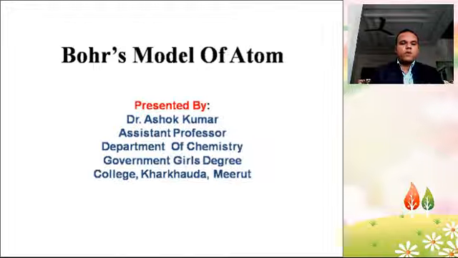According to Rutherford's model, proton and neutron are concentrated in an extremely small region. This small region is called the nucleus. Electrons revolve around the nucleus. Electrons are bound to the nucleus by the force of attraction.